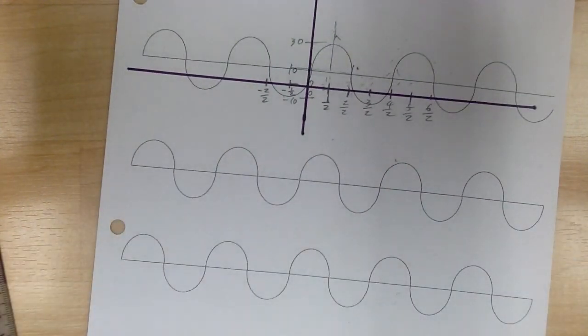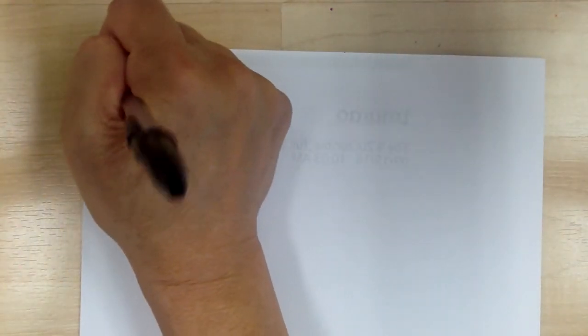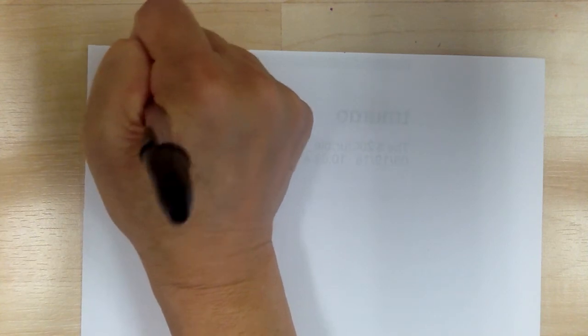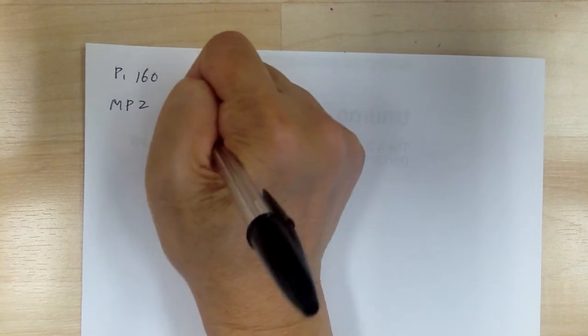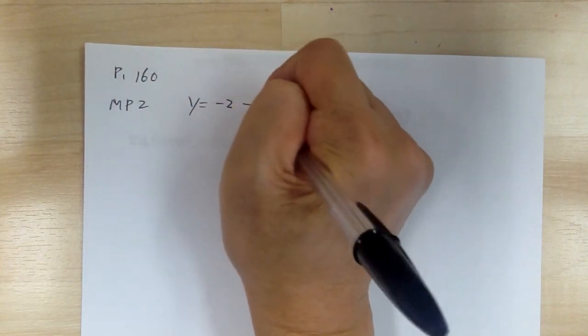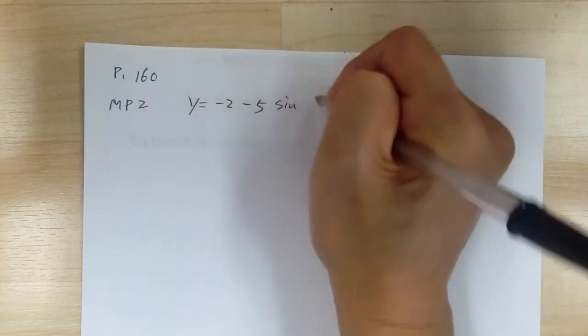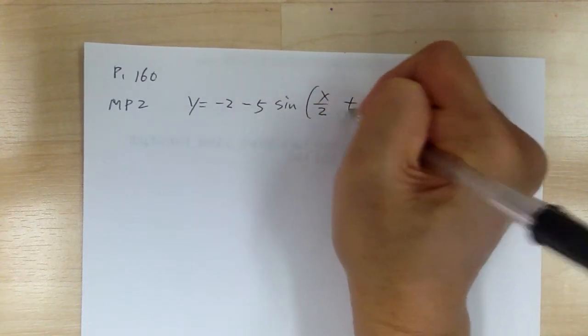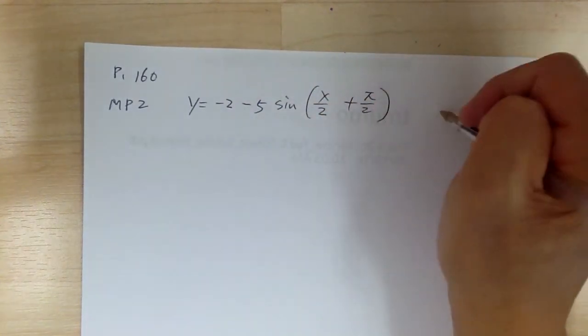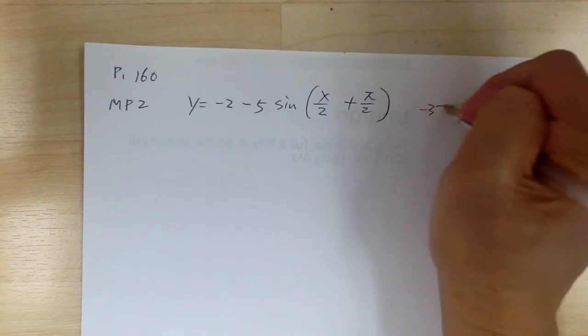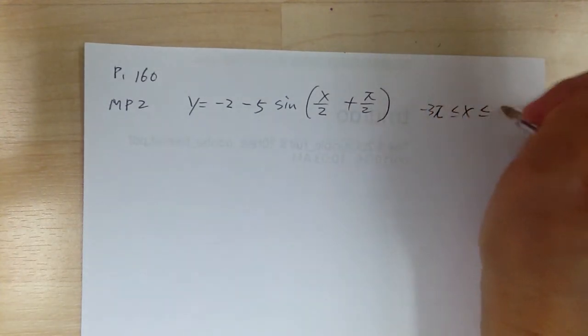Okay, let's go and do the match problem 2. You want the graph y equal to -2 minus 5 sine of (x over 2 plus pi over 2), and you want to go from -3 pi to 5 pi.